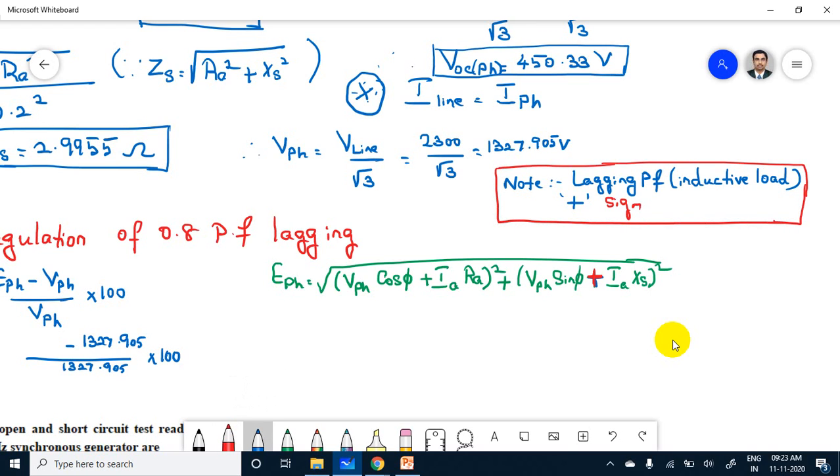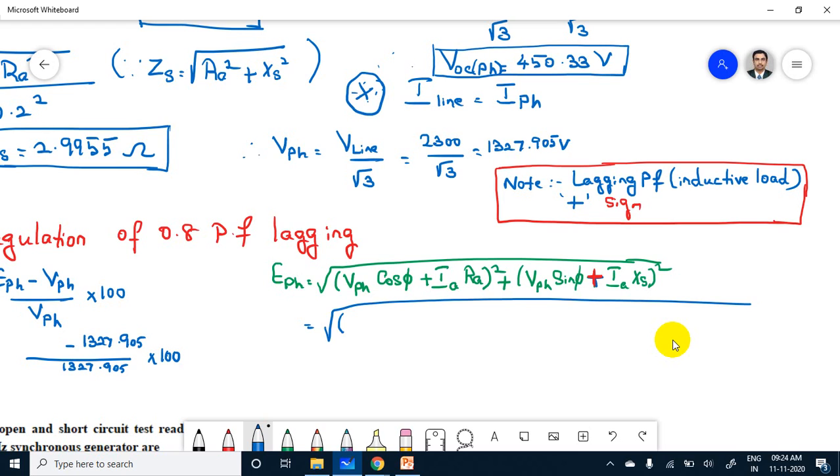So now I am going to substitute the parameters. Square root of, can you please tell me what is V phase? One by one. V phase, how much? Please give me the reply.